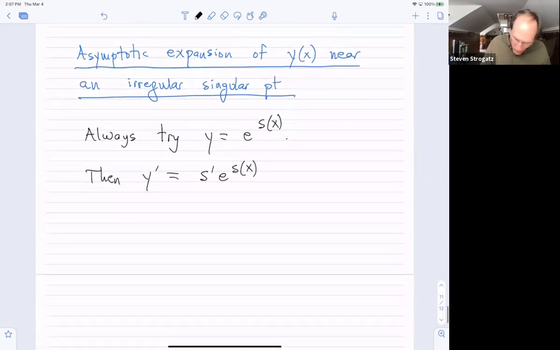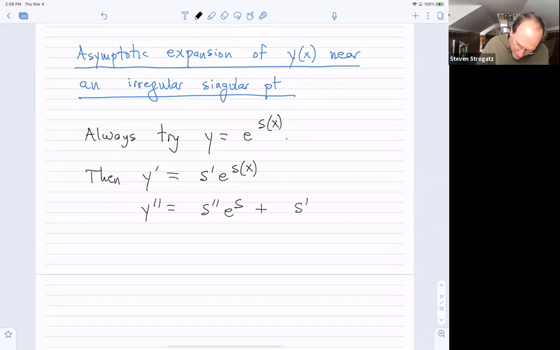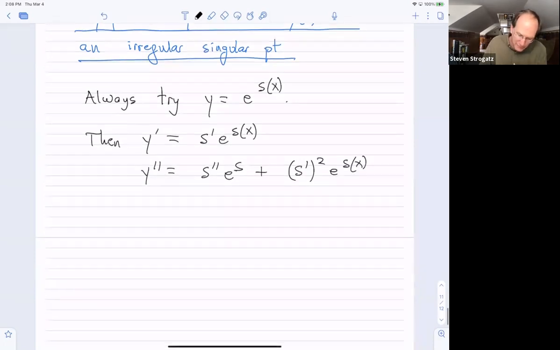And y double prime by the product rule will give us s double prime e to the s plus s prime, and then squared, because there's another one being pulled down, e to the s of x.